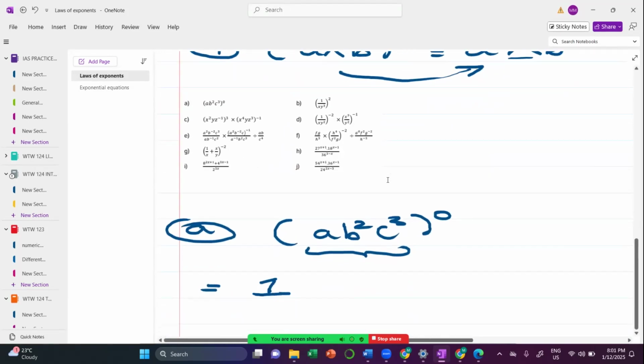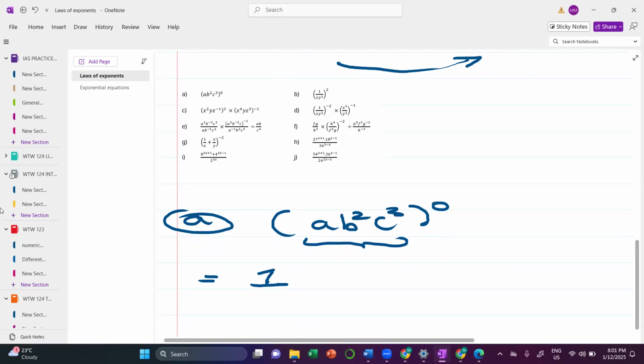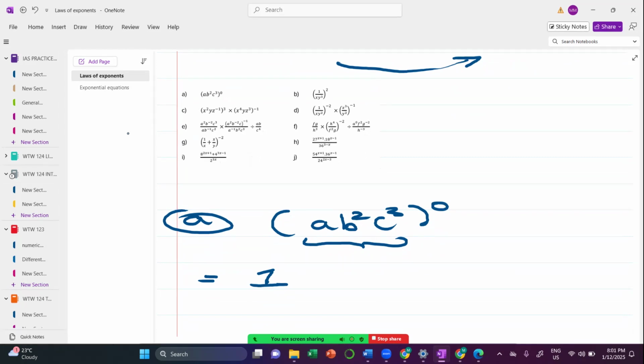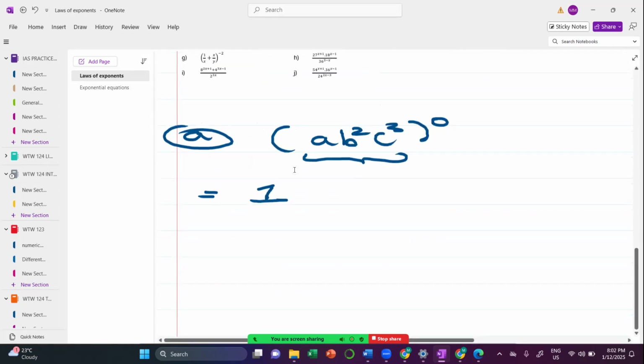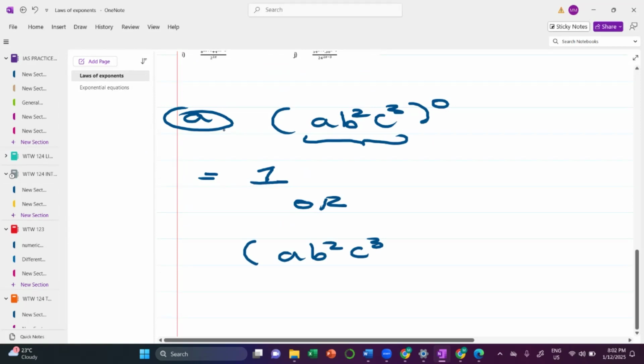That is okay. I want to show you that this was just a short way of doing this calculation. This is just a variable raised to 0, so it's going to be equal to 1. Another person who likes doing things the long way could have done this. The question is A times B squared times C cubed all to the exponent of 0.